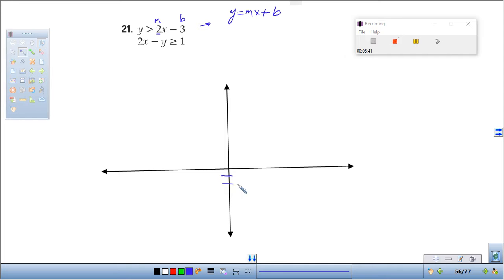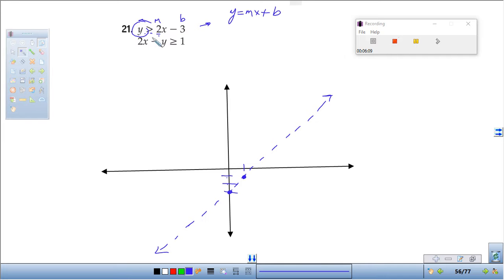So I'm going to go down to 3. 1, 2, 3, put my first point there. I'm going to do a slope of 2, so I'll go up 2 over 1. Draw my dotted line, dotted, or I'll put dashed. Makes it a bit easier to draw. When it comes to that part right there, if you look at this, this is going to be above.